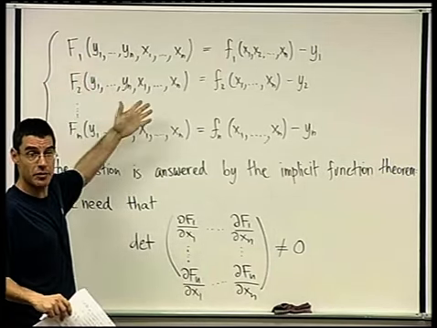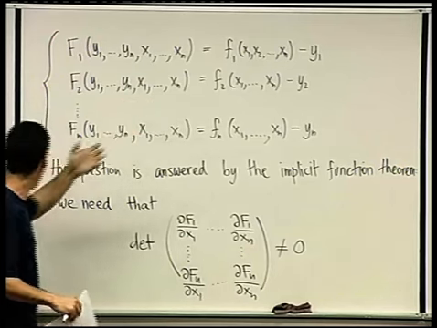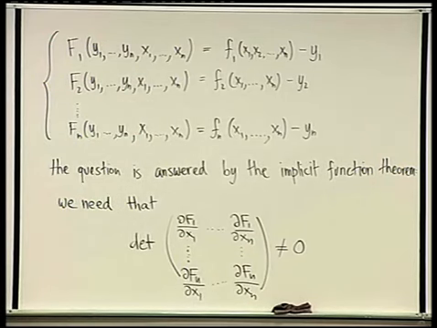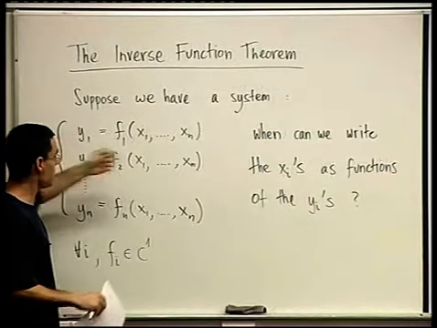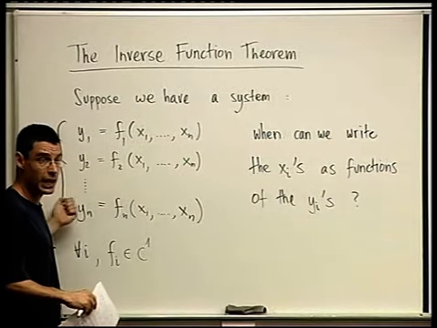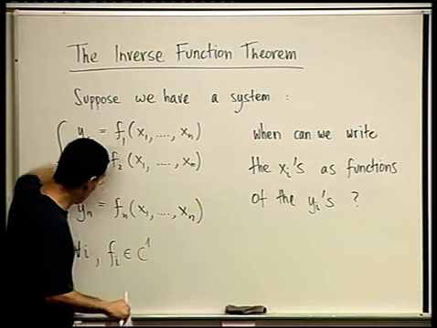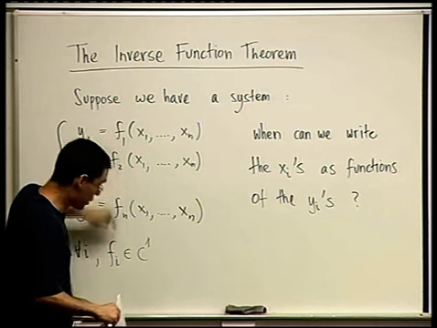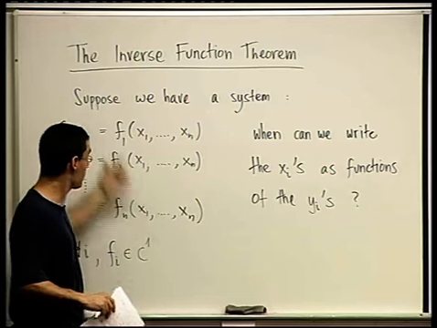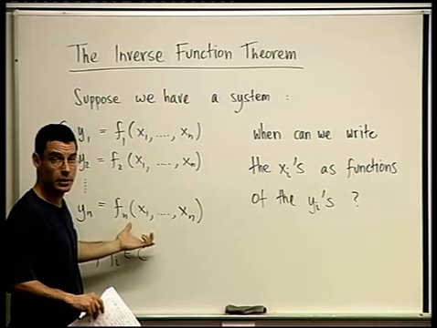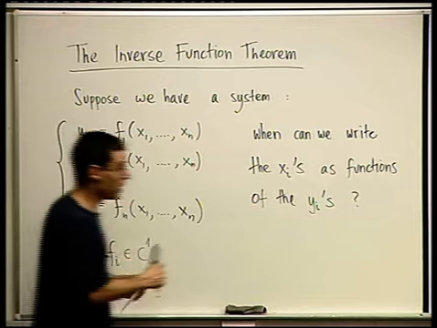It only had the little f's. Let's look back at the board. This was our original question. When can we write the x's as functions of y's? The answer is you need the determinant of these f functions that are in the data with respect to these variables. So let's write that.